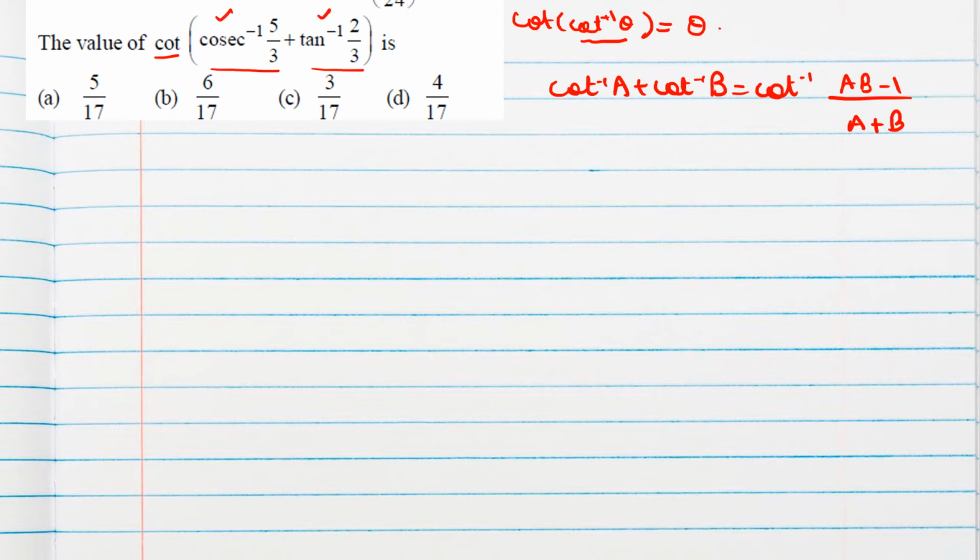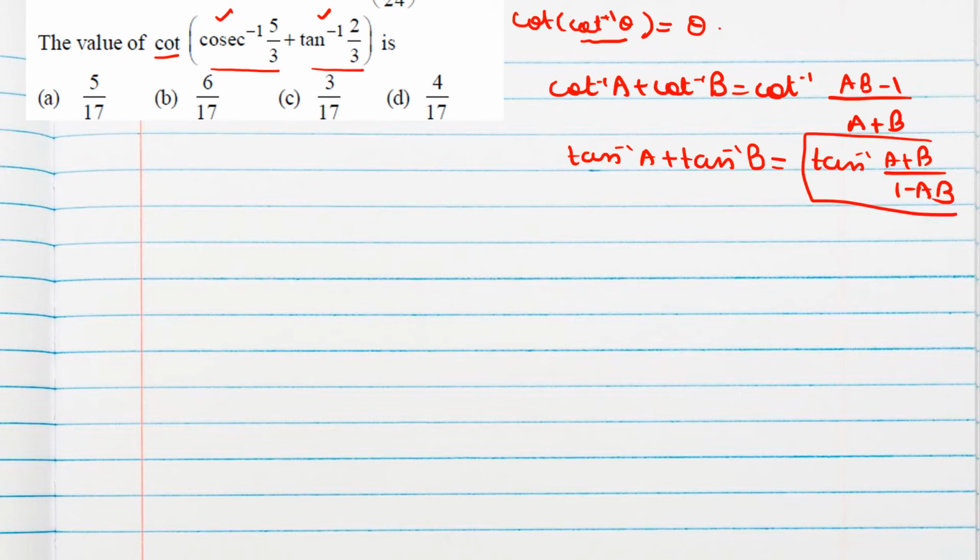Or otherwise, because we learnt perfectly the tan inverse A plus tan inverse B formula, which is tan inverse A plus tan inverse B is equal to tan inverse of A plus B over 1 minus AB. We learnt this formula perfectly. So what we will do, we'll convert in terms of tan. Here the second term is already in terms of tan. The first term we will convert in terms of tan by using the triangle method.